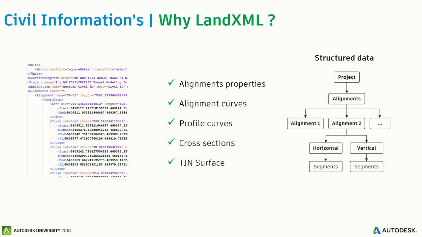So I can pick the horizontal alignment I need, I can pick the profile I need, and I can extract all the curves contained in this alignment. Furthermore, it's a kind of standard in the civil industry, so every civil authoring tool can deliver such information.